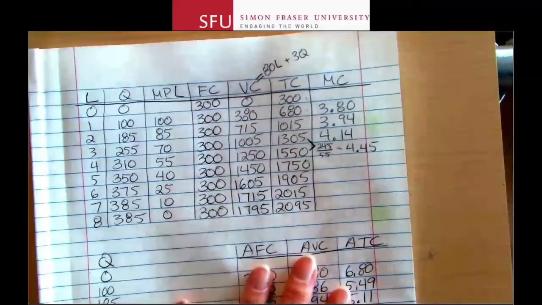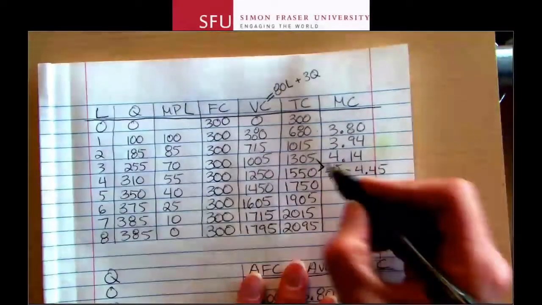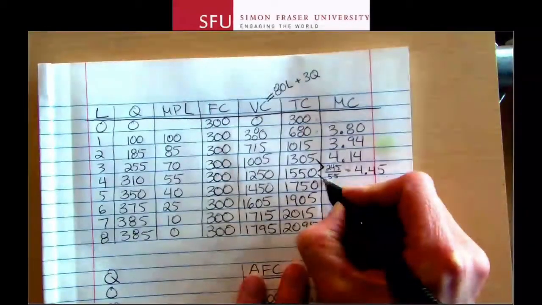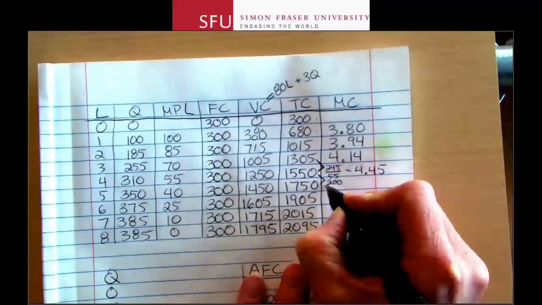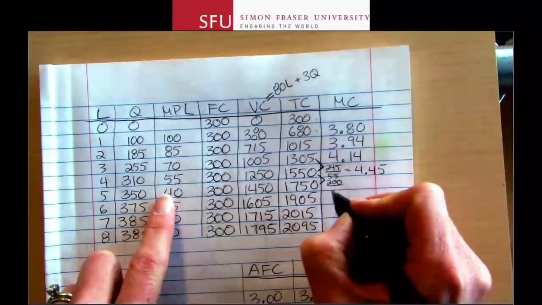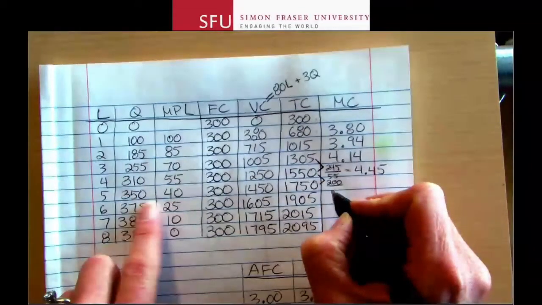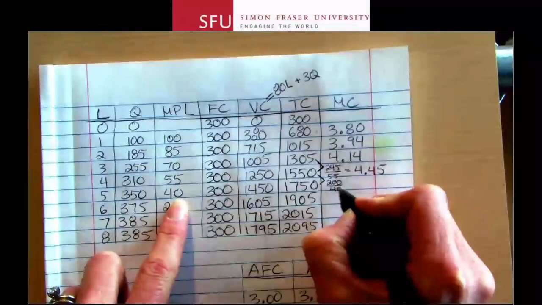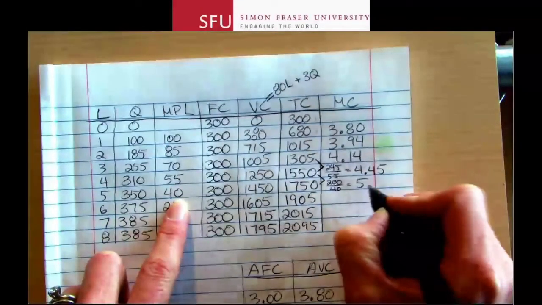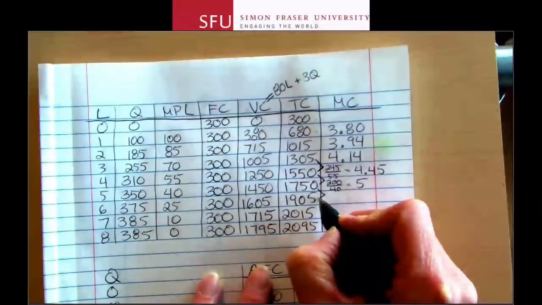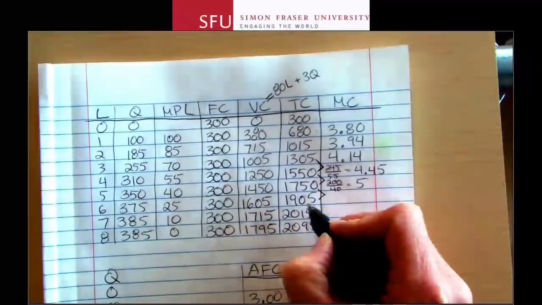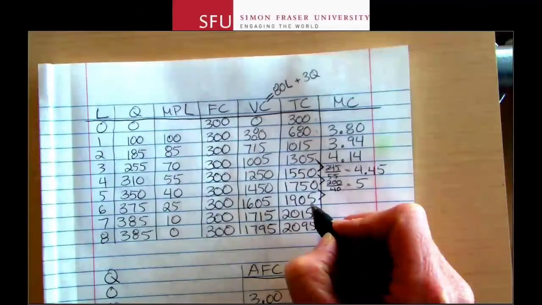All right. Okay, next one from 1550 to 1750. Okay, that one's easy. That one's 200 for a change in cost. This 5th worker increases output by 40. Okay, that one's easy. So that's a marginal cost of 5. Next one, 1750 to 1905.